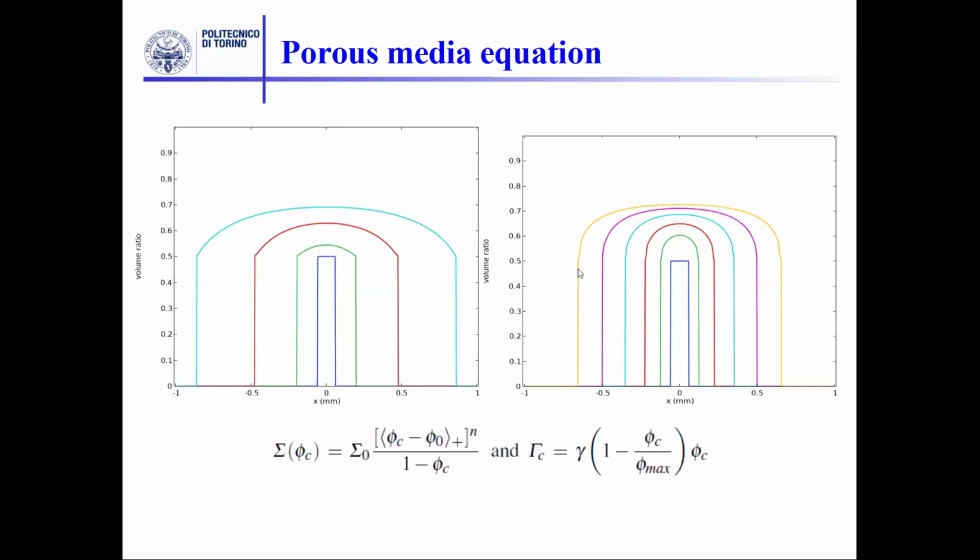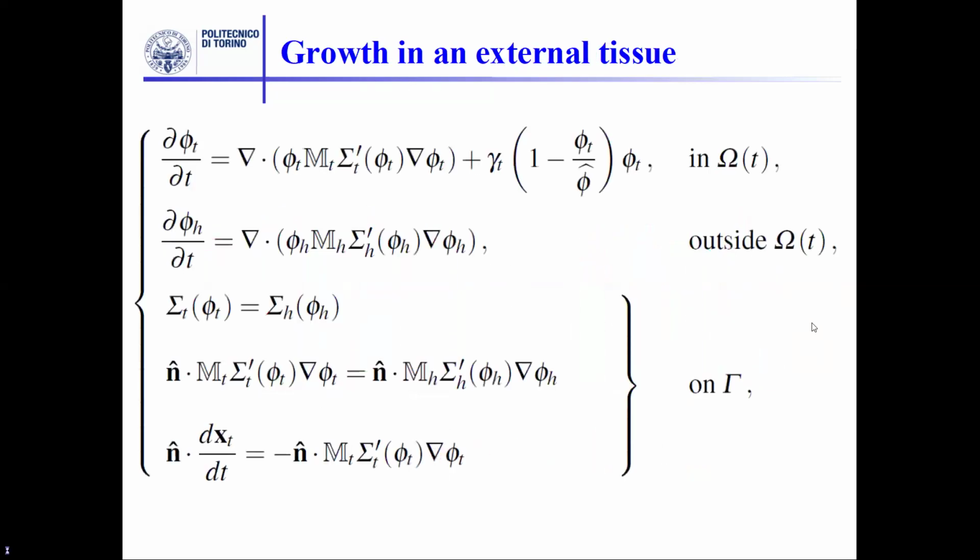You just have this boundary that is moving at a finite speed that identifies the border of the tumor. What I will do now is to go a step forward and to see what happens if you then add the growth of a tissue in another tissue.